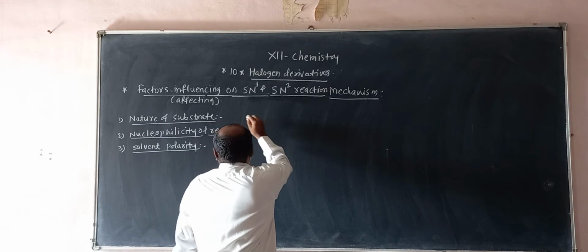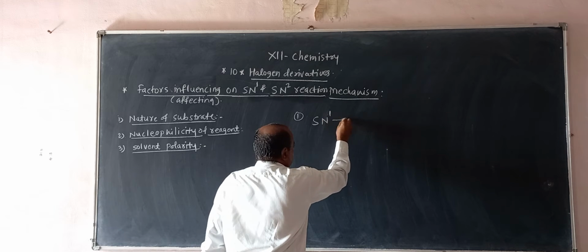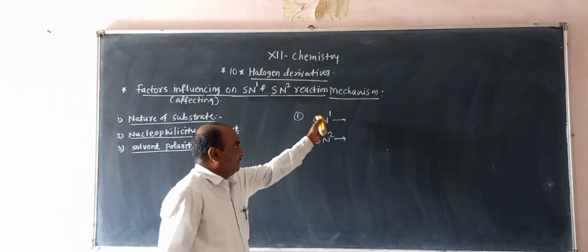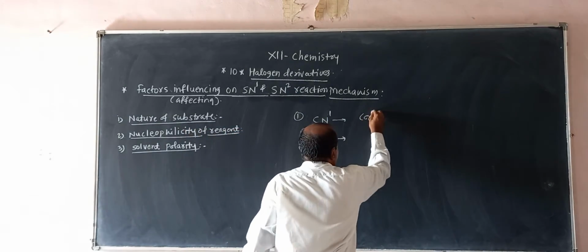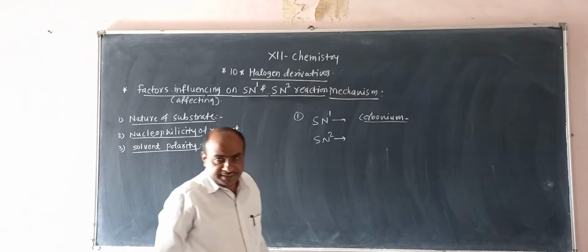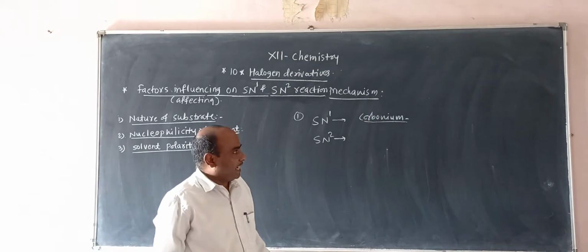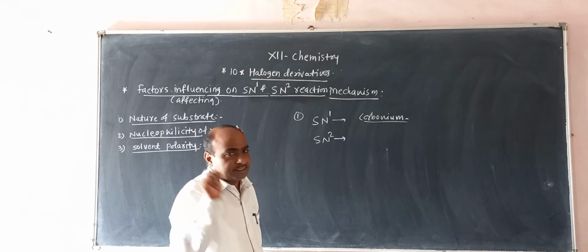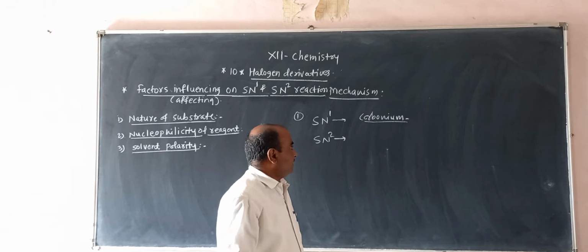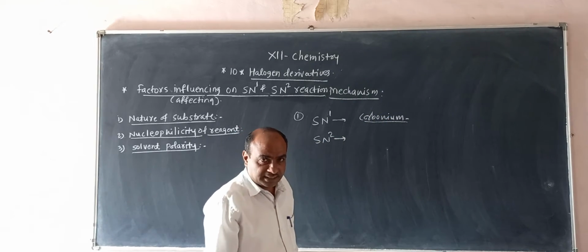Here we know that in the SN1 reaction, a carbonium ion is formed as an intermediate. The intermediate carbonium ion has no steric crowding, and the alkyl groups are accommodated in the carbonium ion structure in a planar structure.